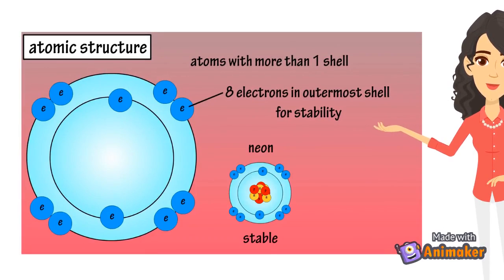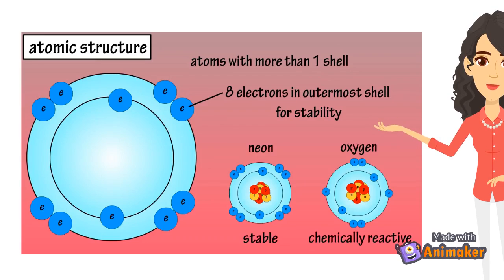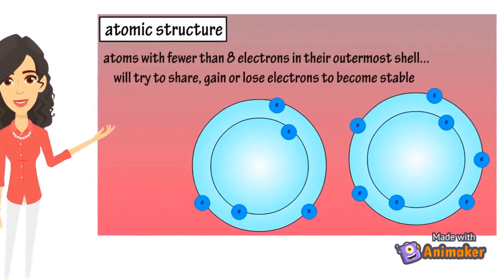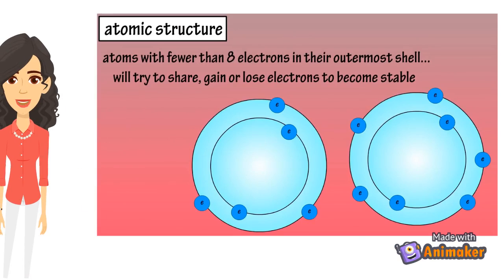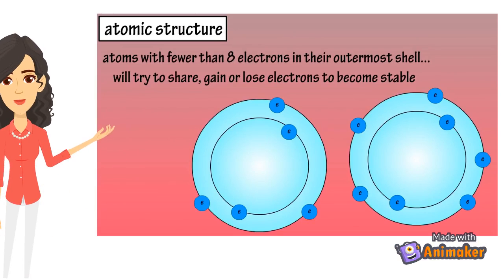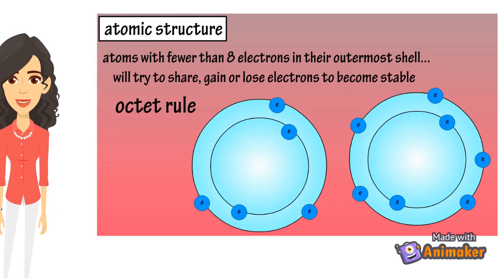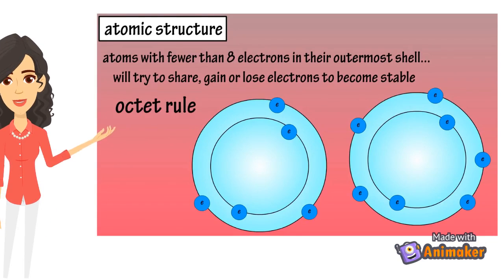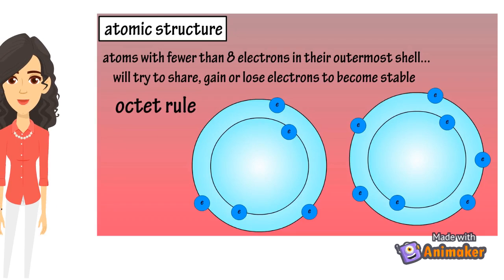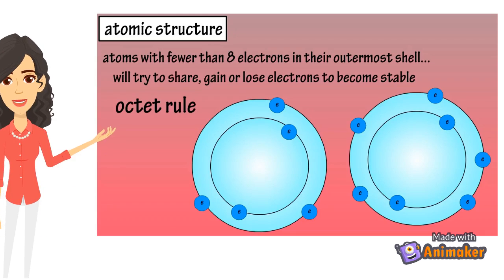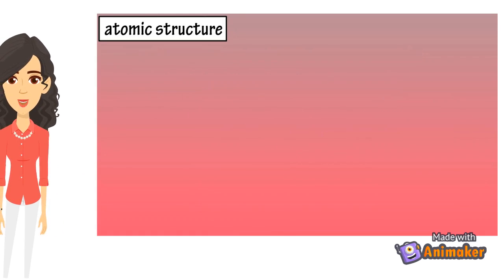For example, neon has 8 electrons at the outermost shell and is stable, while oxygen only has 6 electrons at the outermost shell and is chemically reactive. Atoms that have fewer than 8 electrons in their outermost shell will try to share, gain, or lose electrons in order to become stable. This is called the octet rule, but there are some exceptions, such as hydrogen and helium, which only have 1 energy level or shell.